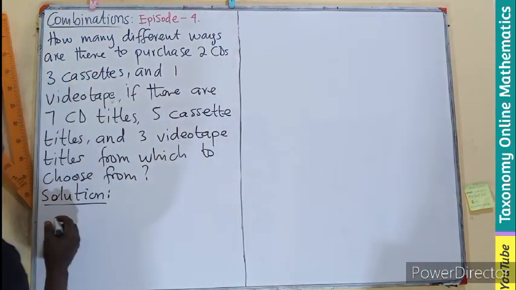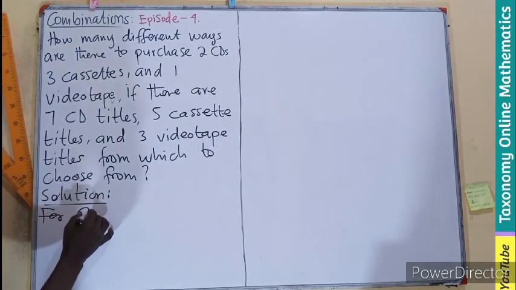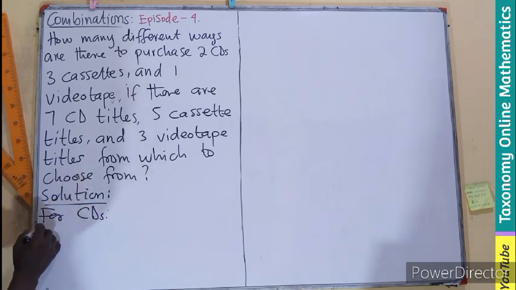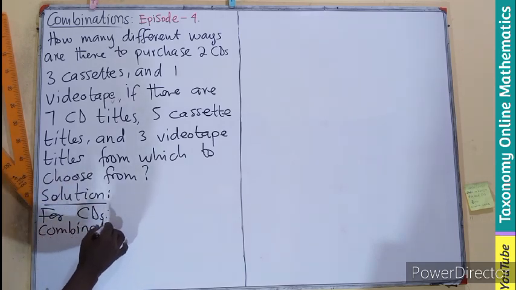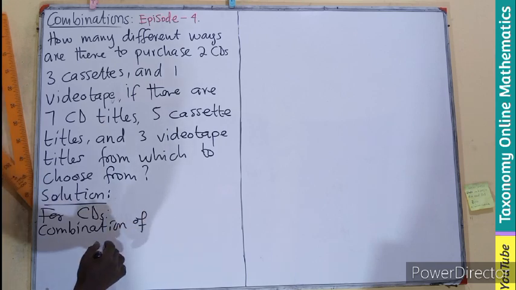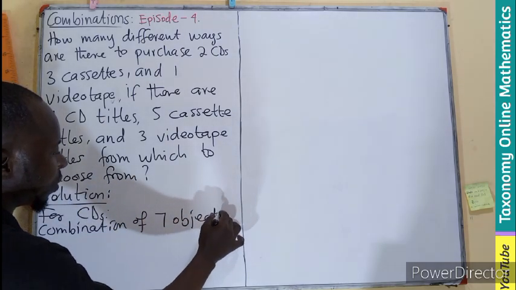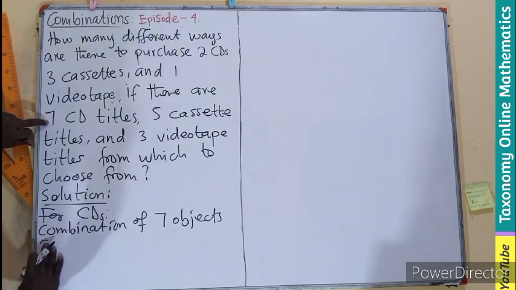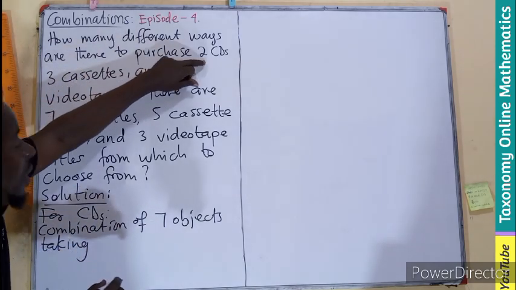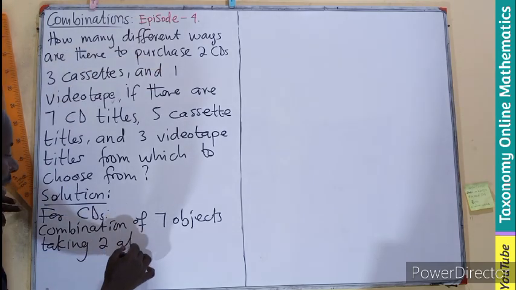I begin with the CDs. We have the combination of how many items? Of 7 different objects, taking 2 at a time.